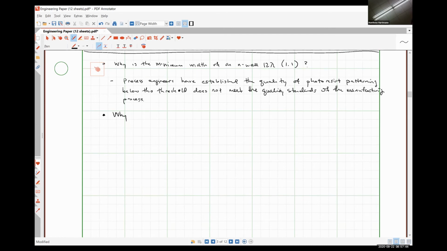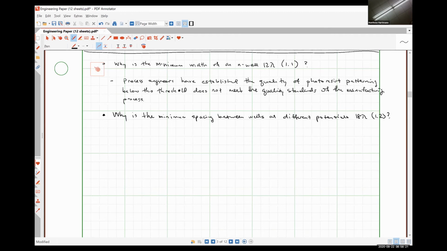Why is the minimum spacing between wells at different potentials what it is, in lambda?